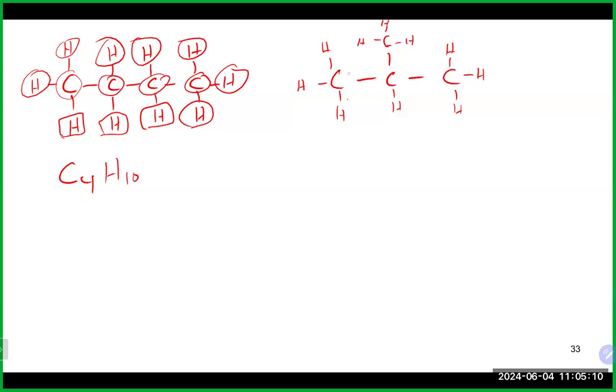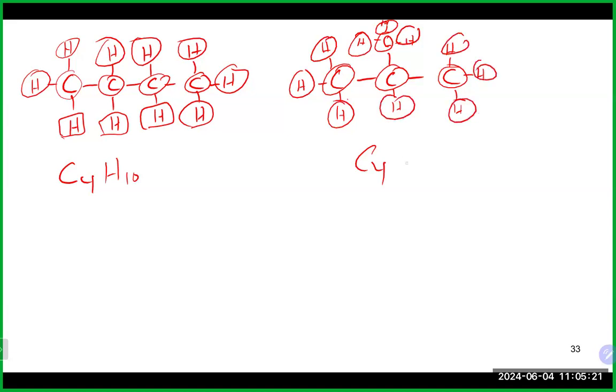We come over here. We got 1, 2, 3, 4 carbons. And we also have 1, 2, 3, 4, 5, 6, 7, 8, 9, and 10 hydrogens here. These two things have the same formula, but they do have different connectivities here.